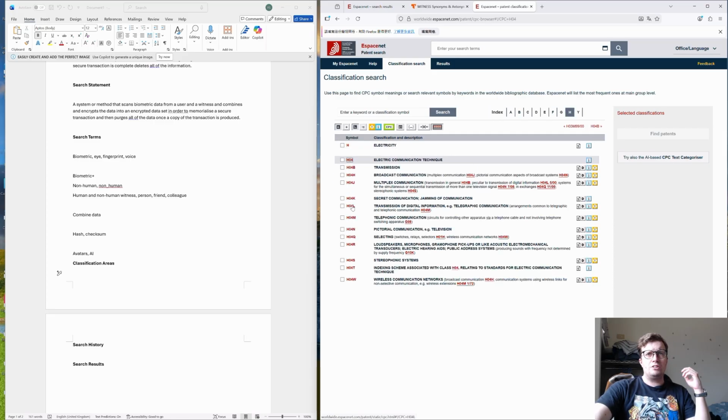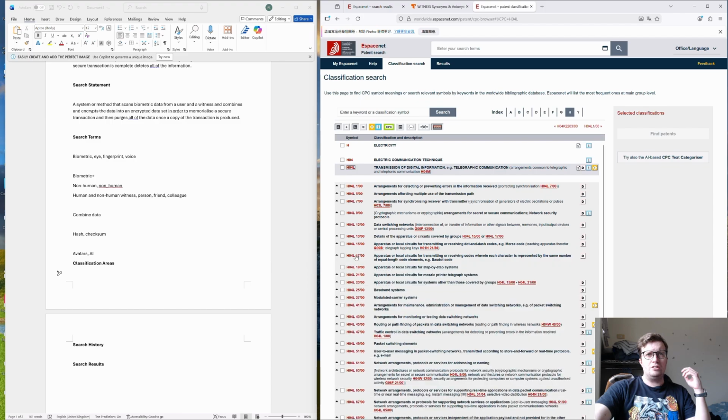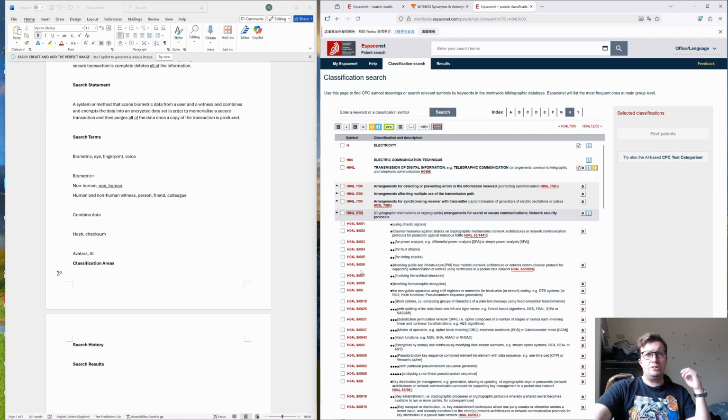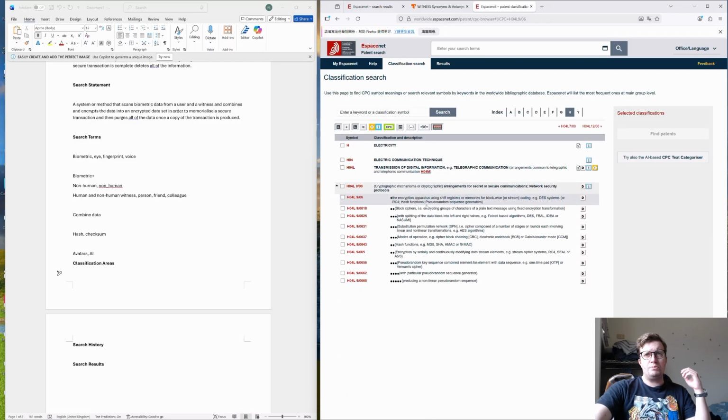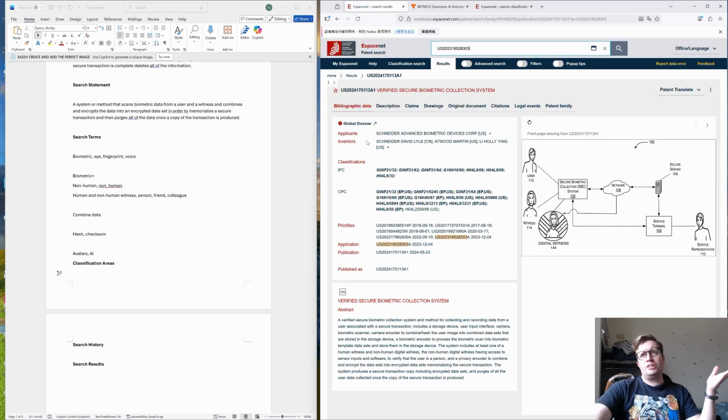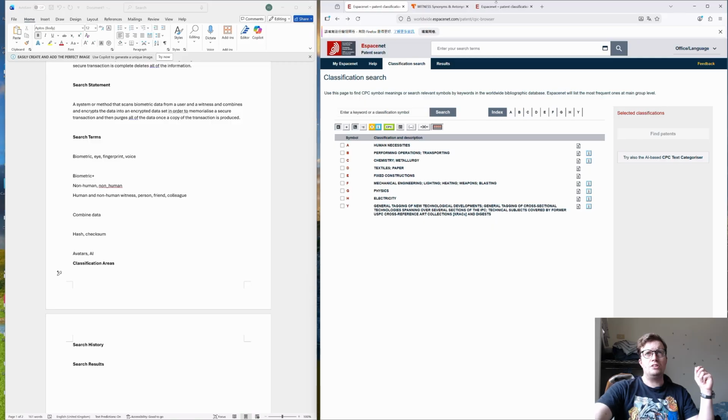That's also regarded as one of the hardest areas to work on. Cryptographic communication. So I probably wouldn't bother searching this, encryption apparatus using shift registers. I would focus my search on the G06F areas because it's all about secure biometrics. So I probably wouldn't bother with any of these other ones like this G16H, whatever that is. Let's take a look.